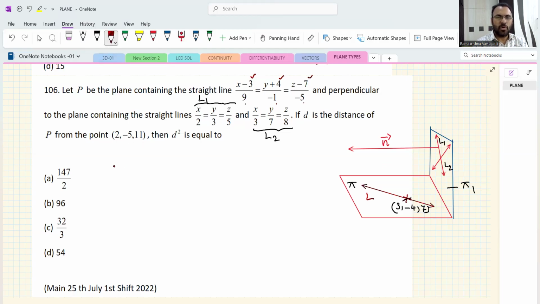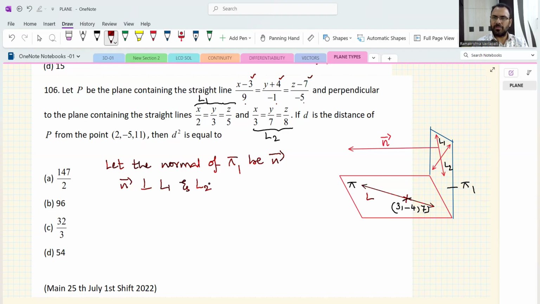Let the normal of pi be n bar. This is pi 1. So pi 1 is the plane containing the given lines L1 and L2. Then n bar is perpendicular to L1 and L2.